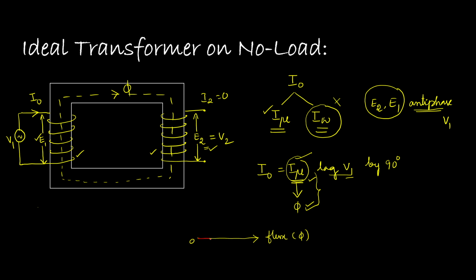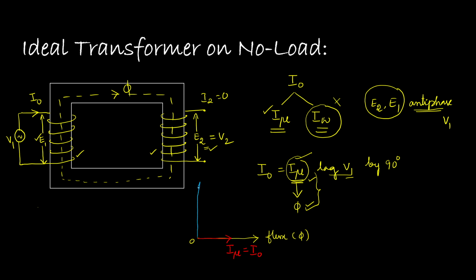This magnetizing component of current and the flux should be in phase. So let me pick up a different color to represent current. Let us consider this current as the magnetizing component of current, which is also called the no load current as of now.